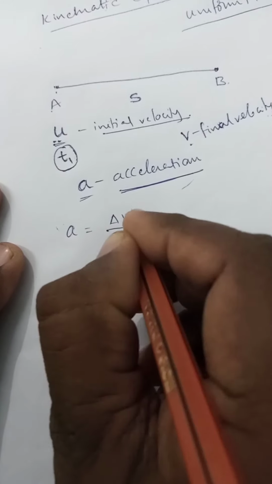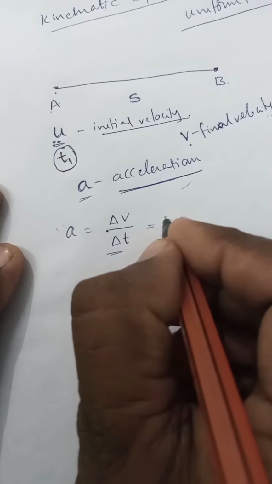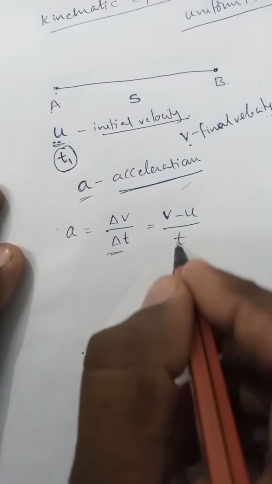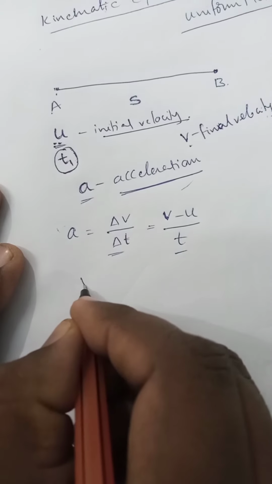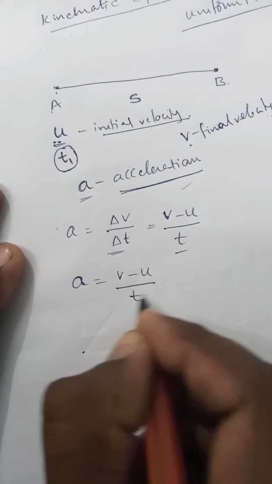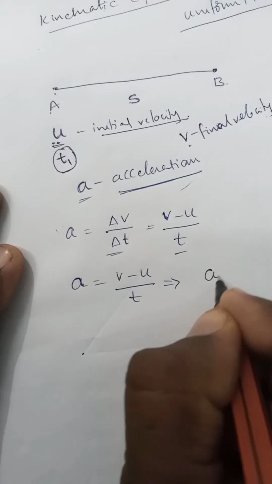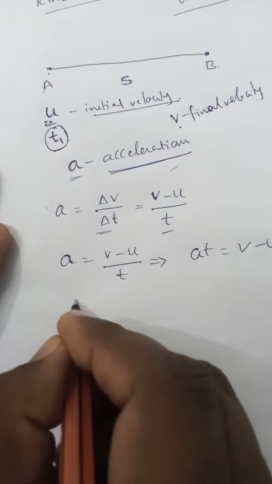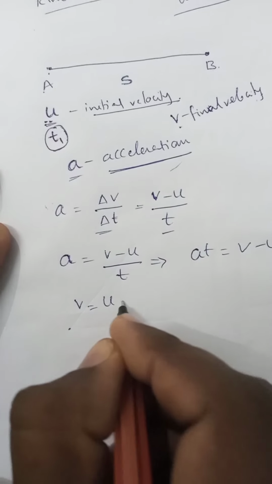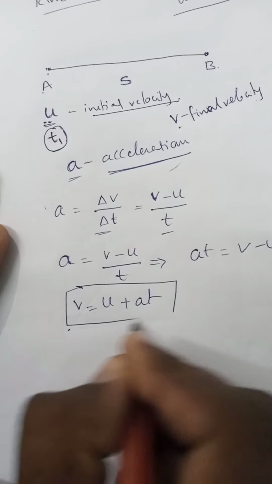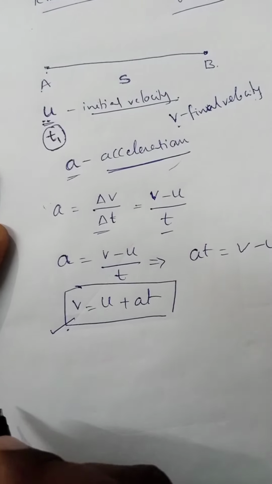So the rate of change of velocity is (v minus u) by t. t is the time. So at equals v minus u. Finally the first kinematic equation: v equals u plus at. This is the first kinematic equation.